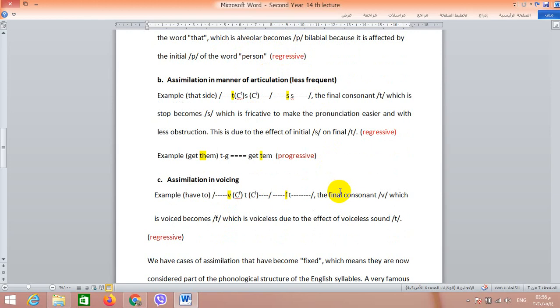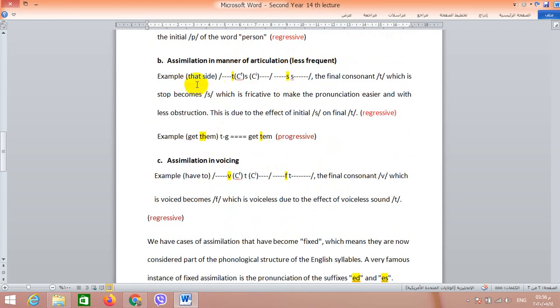Okay? And another example of assimilation in manner, which is less frequent in English, by the way, is "that side." Again, if I pronounce them individually, they are pronounced as "that side." Now, t is a stop sound, while s is a fricative sound.